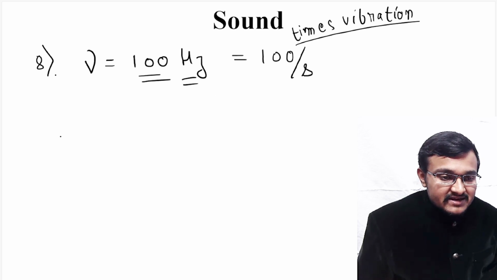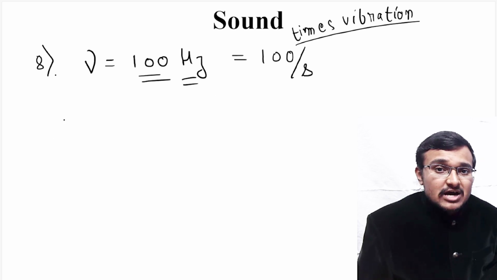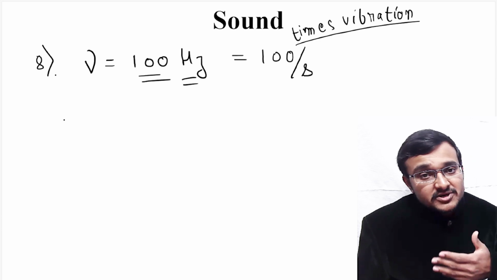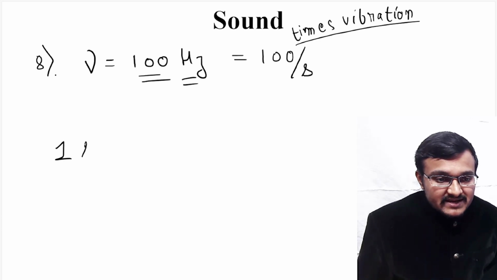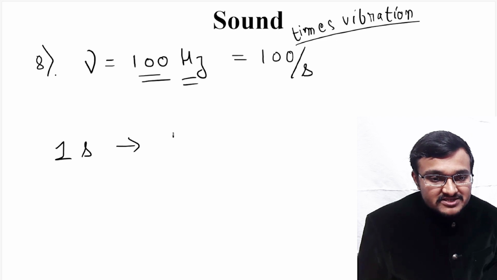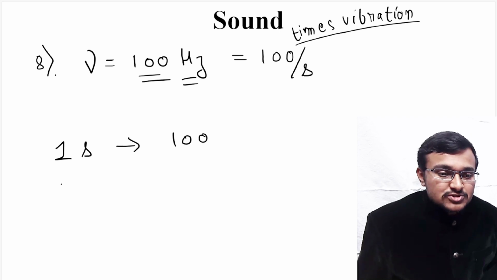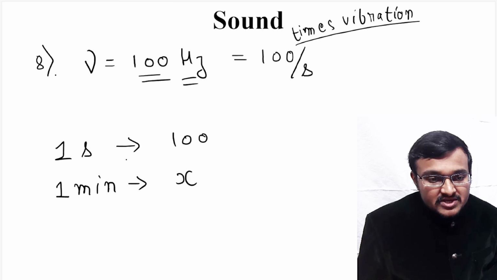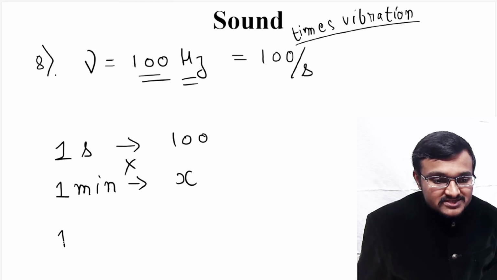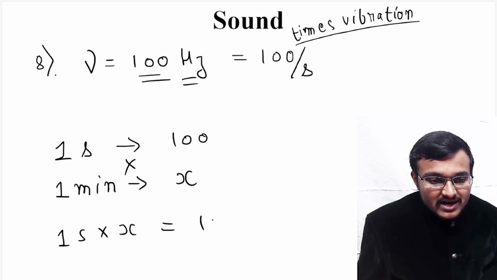So here you have to calculate how many times this particular vibration is there in 1 minute. In 1 second the number of vibrations is 100. So what will be the vibration in 1 minute? If you cross multiply, 1 second into x is equal to 100 into 1 minute.